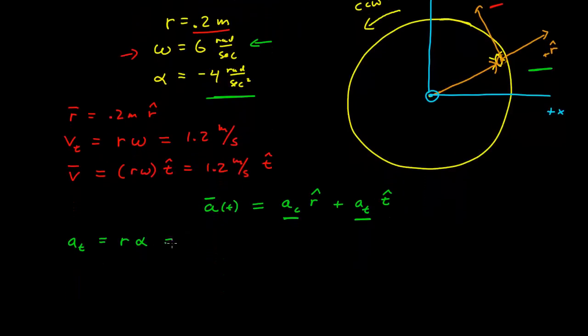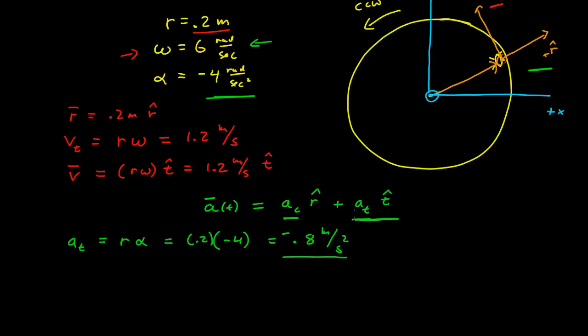And so that gives us 0.2 times -4, which is negative 0.8 meters per second squared, the component along the tangential axis.